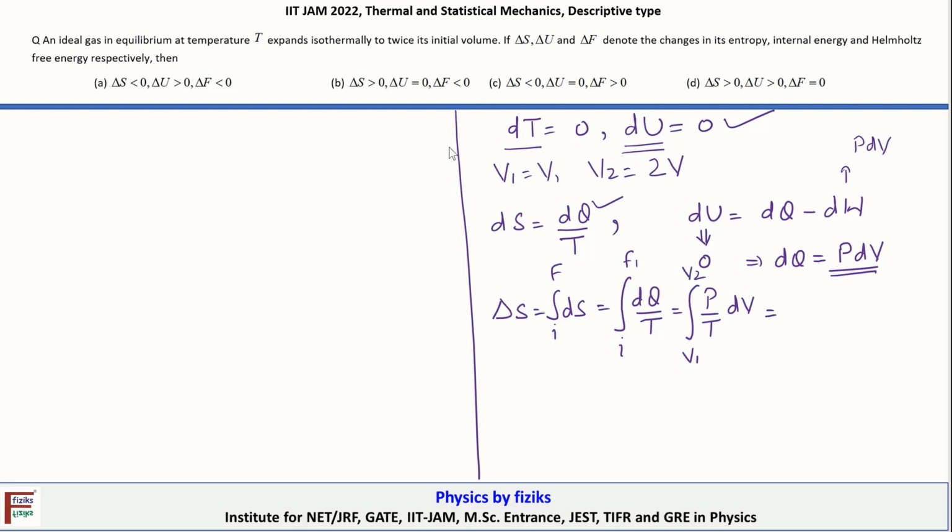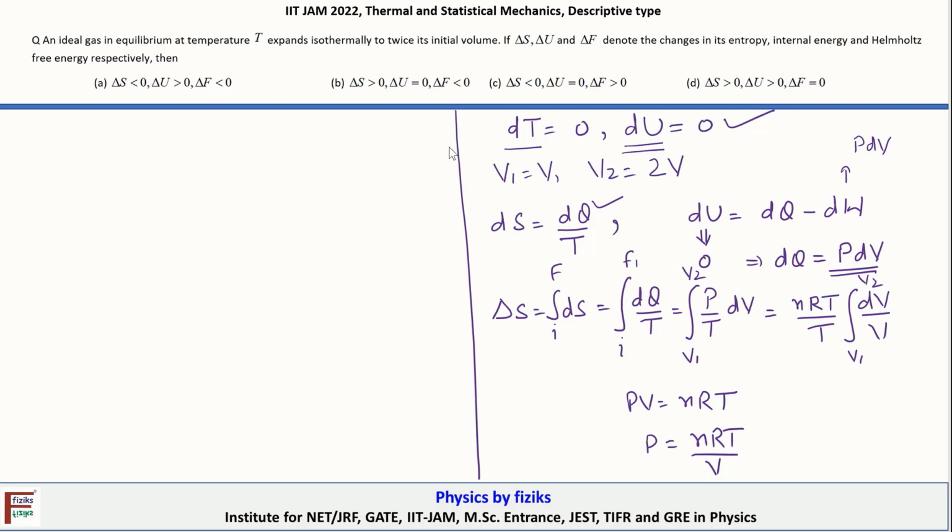Making use of the ideal gas equation PV equal to nRT, P turns out to be nRT by V. So the entropy change will be nRT upon T and then dV by V from initial volume V1 to V2.